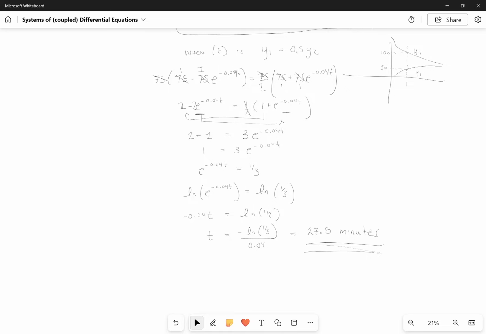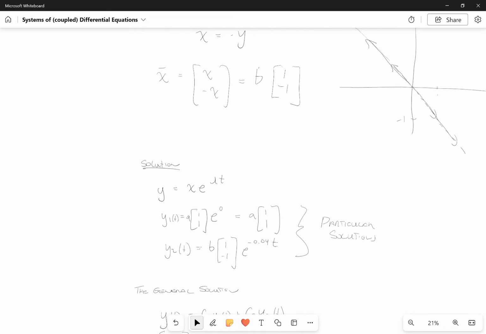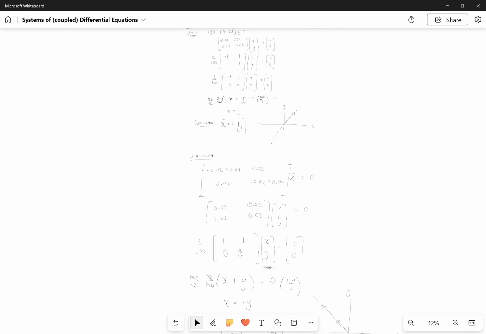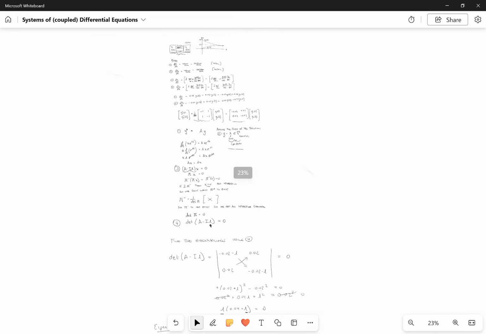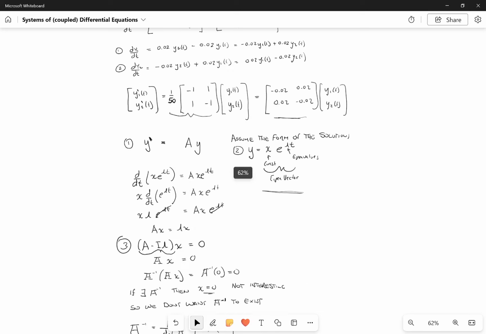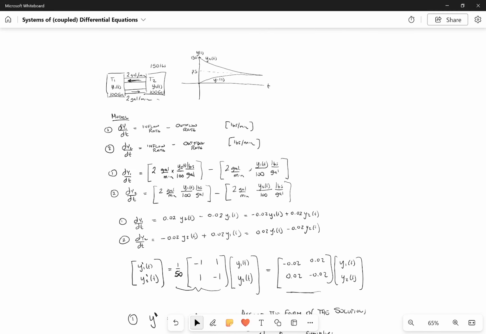All right, so let's recap what we did. We started off with a model, and that model basically had that the rate of change of the dissolved fertilizer in tank 1, which we call y1, is dy1 by dt, and the rate of change of the dissolved fertilizer in tank 2 is dy2 by dt.